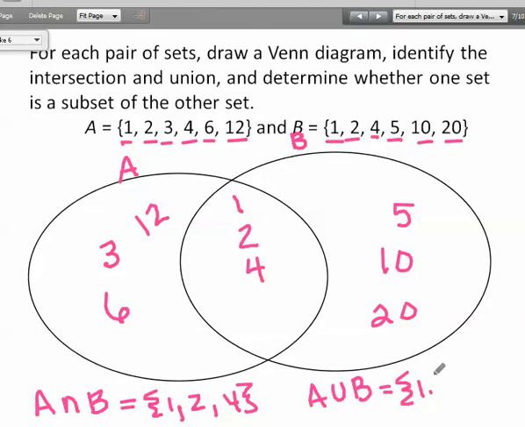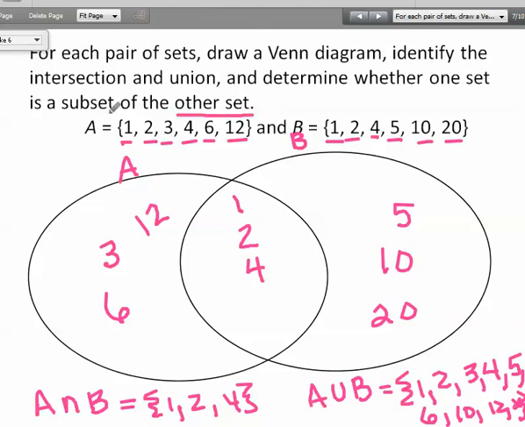We're going to have 1, 2, 3, 4, 5, 6, 10, 12, and 20.